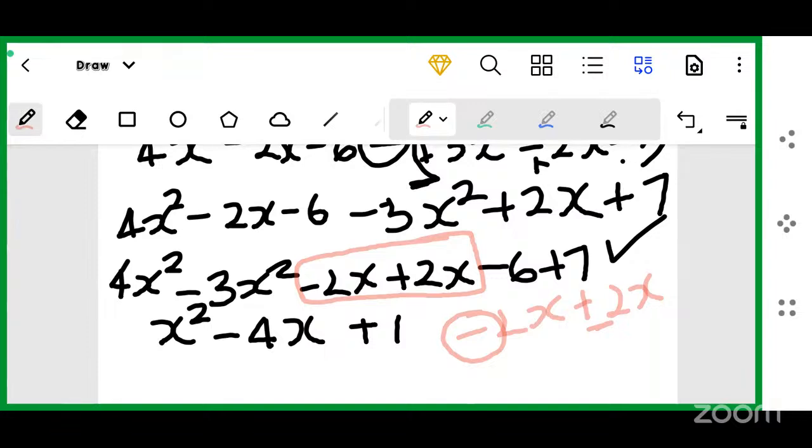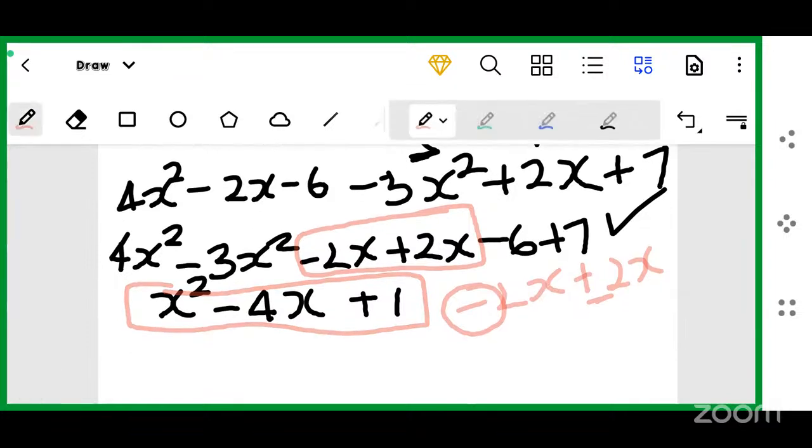Okay. So now let's write the full answer, even including these ones. 4x to the power of 2 minus 3x to the power of 2, which equals x to the power of 2.